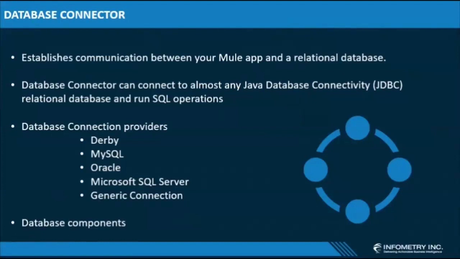It has connection providers like Derby connection, MySQL, Oracle, SQL Server, and generic connection. These connection providers automatically set the driver class name and create the JDBC URLs with the given parameters for these databases. We'll be discussing this in the next slide.